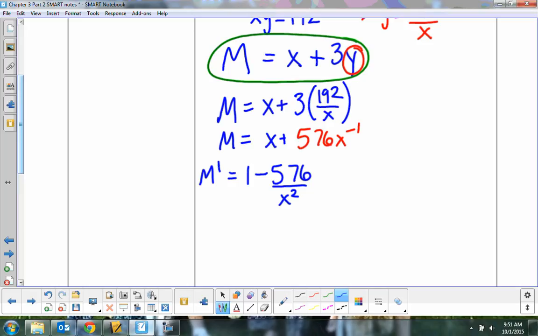I got 1 and then minus 576 over x squared. And I'm going to go ahead and write that with a common denominator.